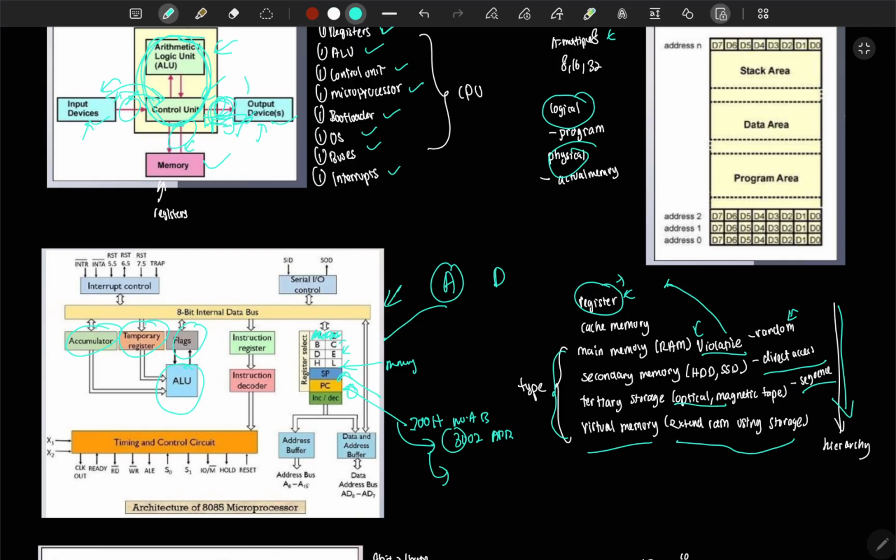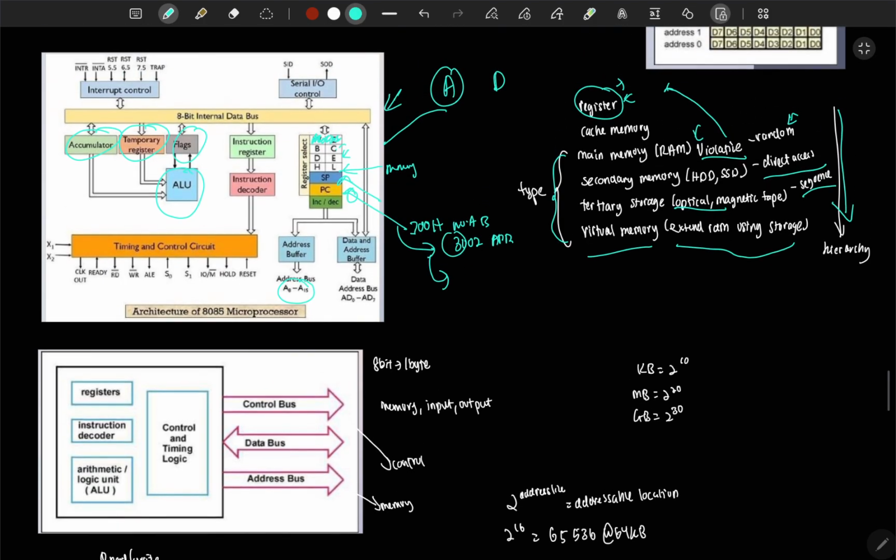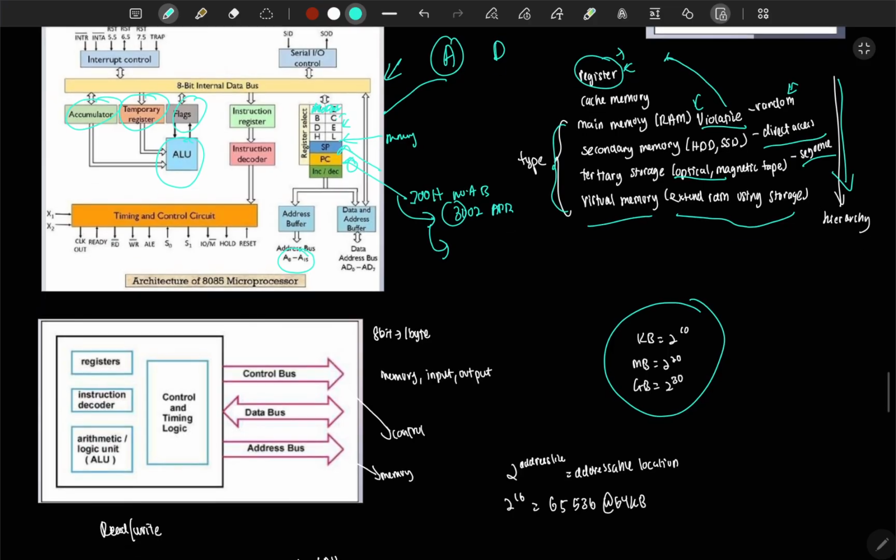Then our address lines are A0 to A15. Let me explain it here. We have this as our memory system, 2 to the power of 10 is 1 KB and so on. In the 8085 we have 16 address lines, so 2 to the power of 16, which is equivalent to 64 KB memory.